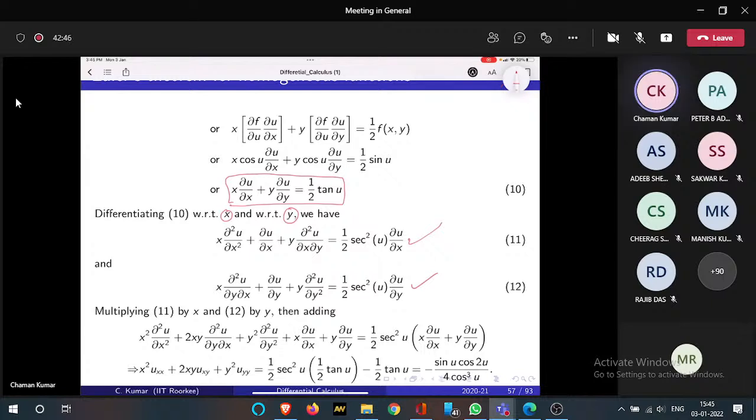So the derivative of equation 10 with respect to x will give me equation 11, and the derivative of equation 10 with respect to y will give me equation 12. Now we multiply equation 11 by x and 12 by y and add them together.